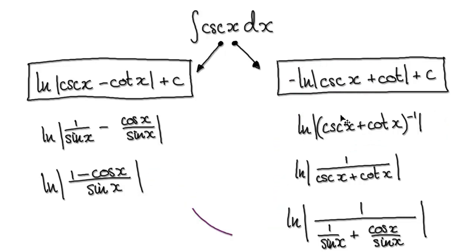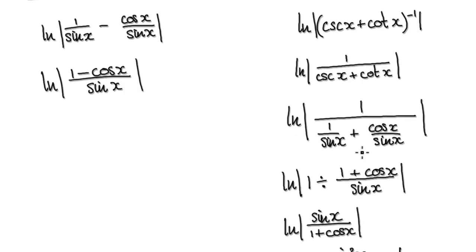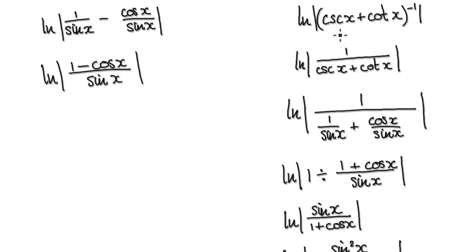Okay, so hang on. So rewrite this negative 1 here as 1 over this thing, and then just play around. So now we're here, 1 over this whole thing here.